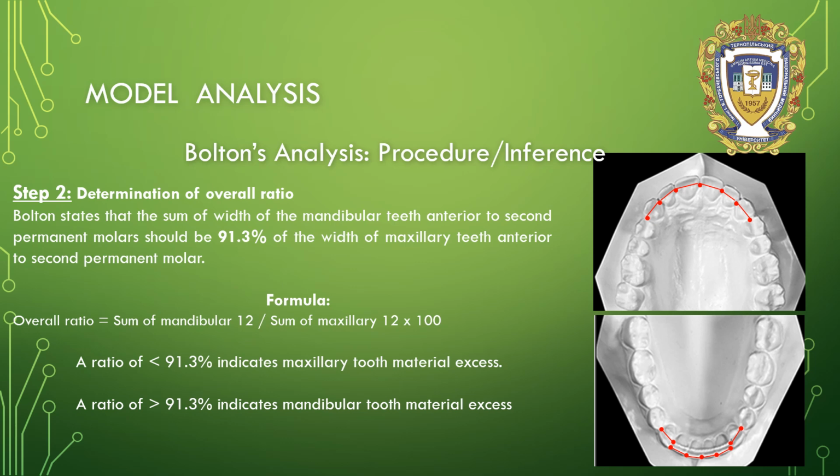A ratio of less than 91.3% indicates maxillary tooth material excess. Instead of opposite situation, a ratio of more than 91.3% indicates mandibular tooth material excess.